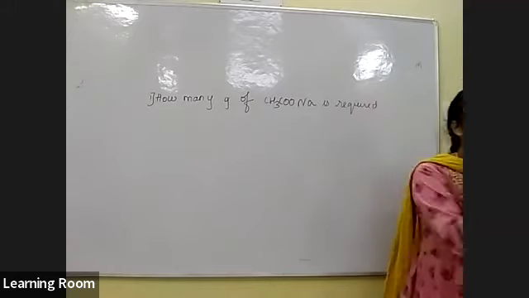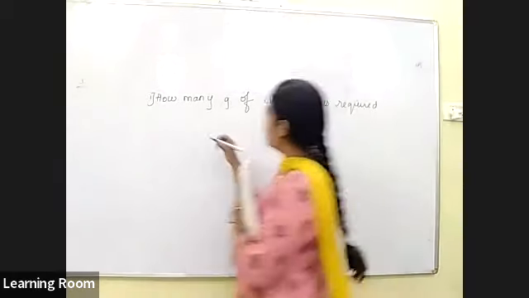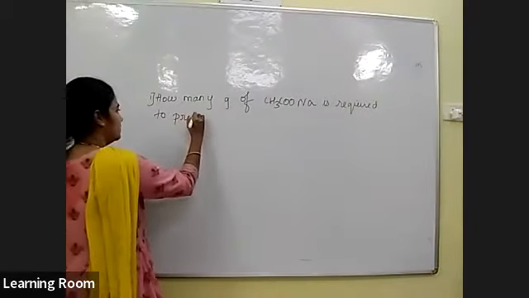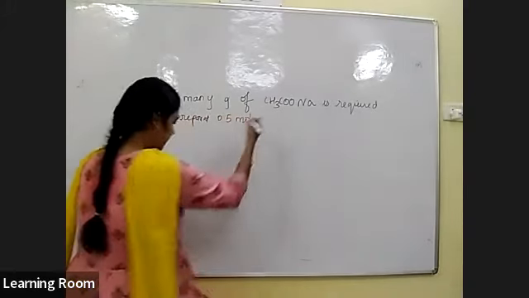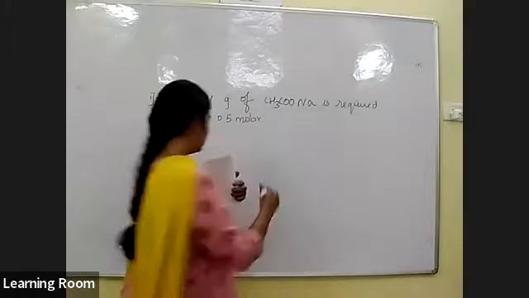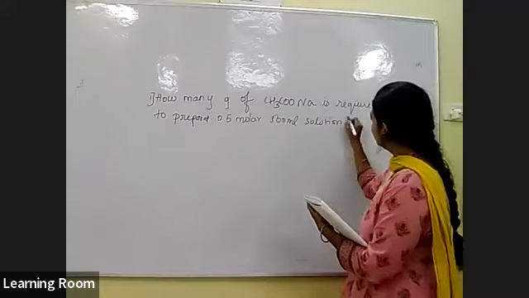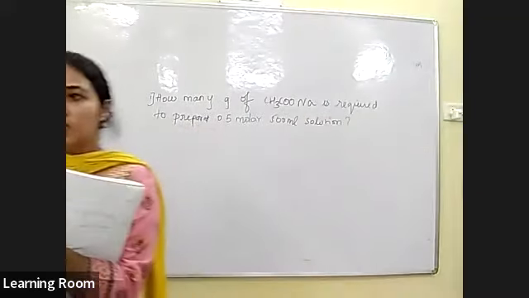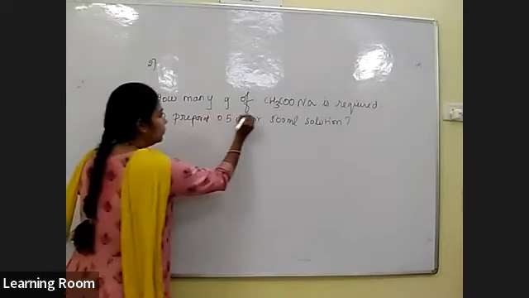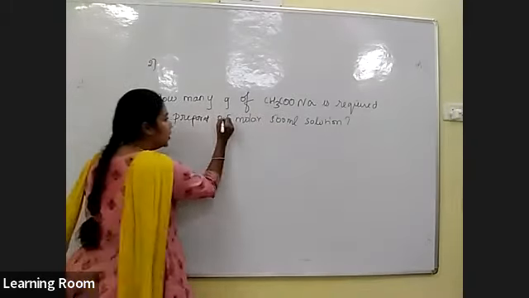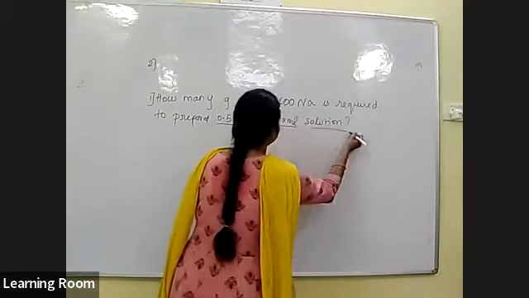See, first of all, read the problem and then try to solve it. I'll write another problem also on top. See, what are the things given here? 0.5 molar. Do note the term 500 ml of solution.